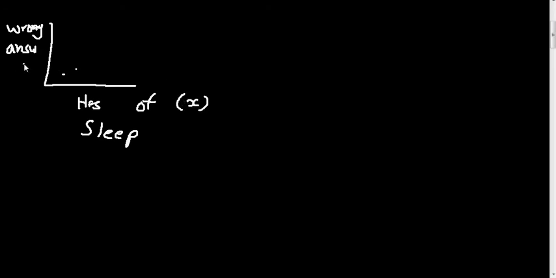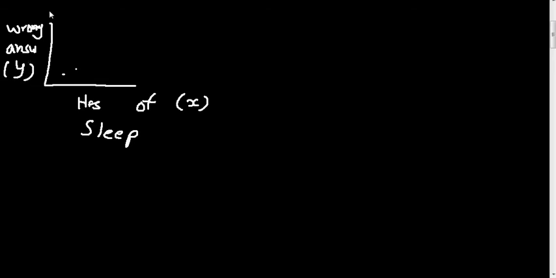So that's hours of sleep on the x-axis, and on the y-axis you have incorrect answers or wrong answers for the test that you're doing tomorrow. So on the x-axis the number of hours of sleep you had, and on the y-axis the number of wrong answers that you had.